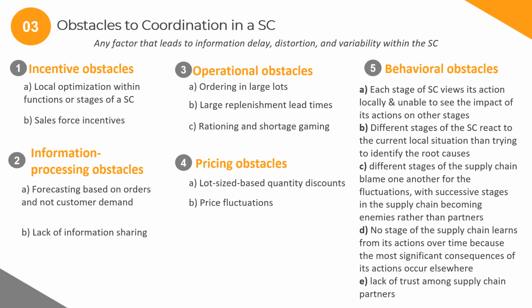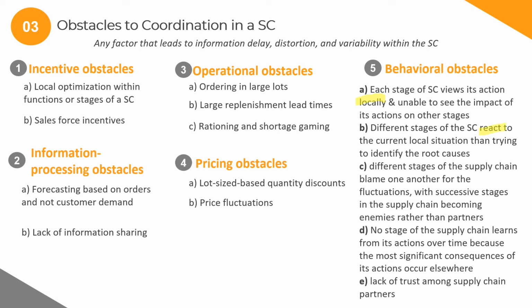So for example, as you can see here in the slide, each stage of the supply chain views its action locally, without seeing the impact of its actions on other stages. And then the second one is that different stages in the supply chain react to the current local situations, and then try to identify the root causes.